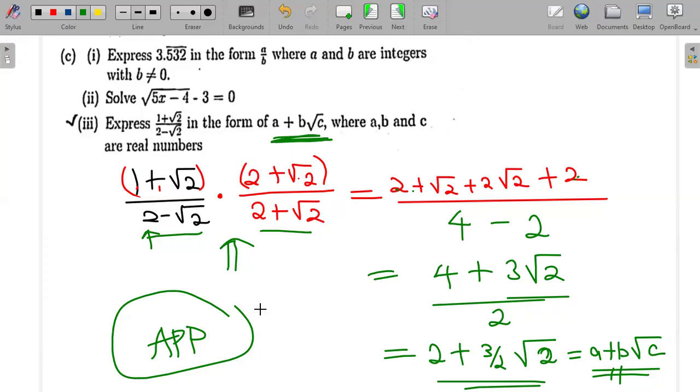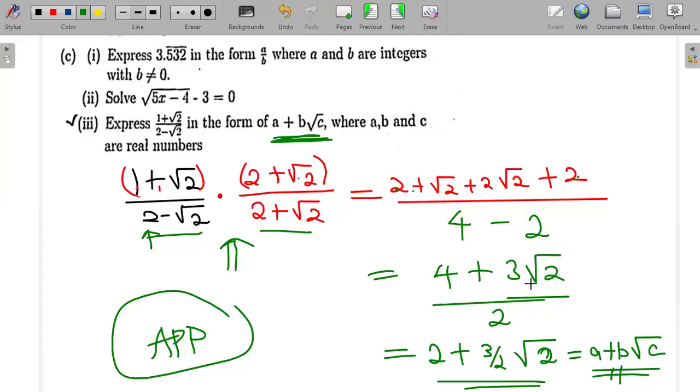Makungu, you have a question? You've raised your hand. You can ask if you have a question. I just wanted to ask why you've written 4 plus 3 root of 2, where the 3 is coming from.